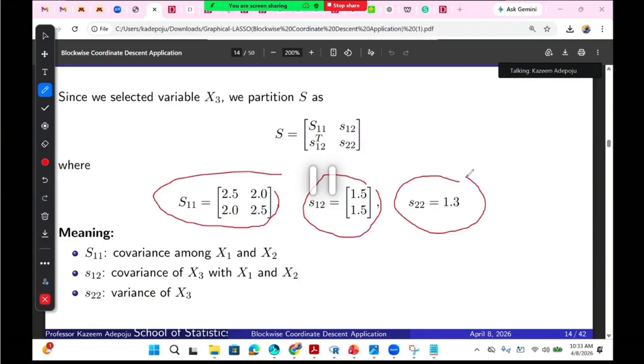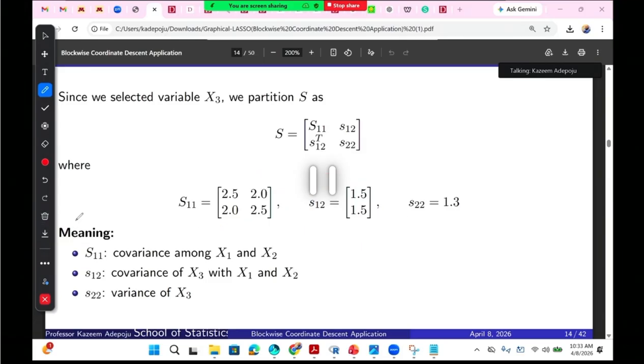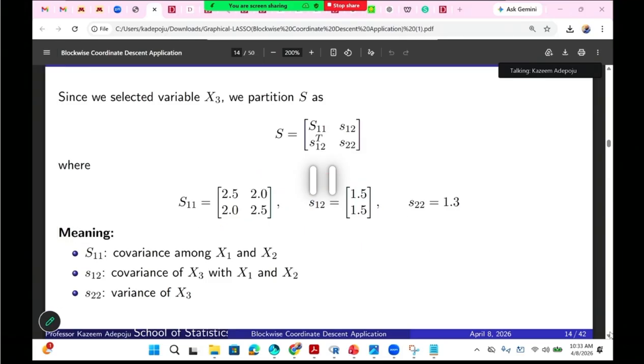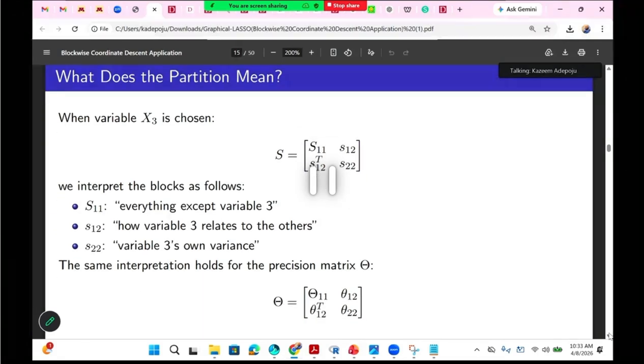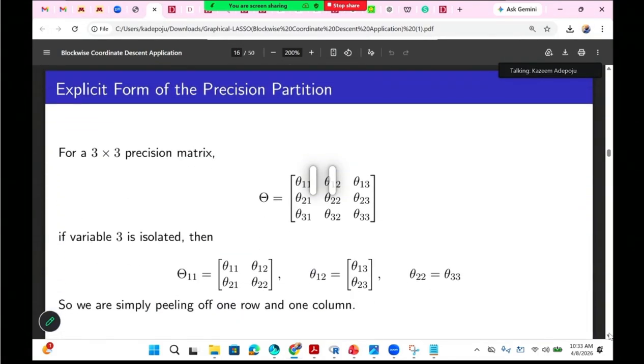Is there any question for me? You get that, right? Okay. Now, the next thing I'm going to do, I think I've already done that. Then I will do the same to precision.